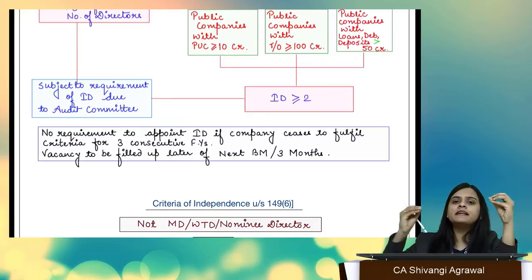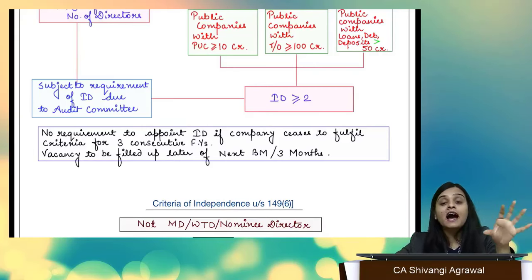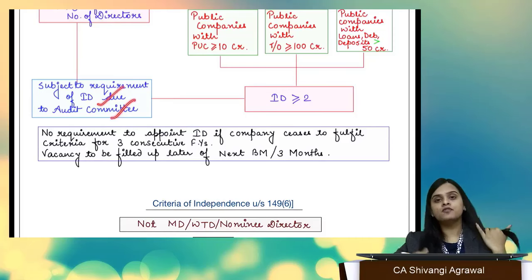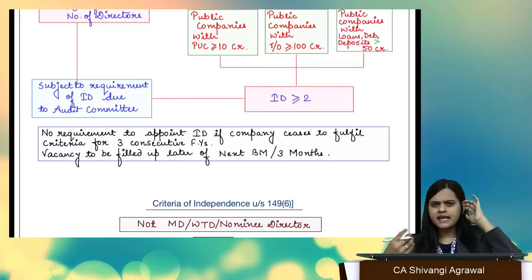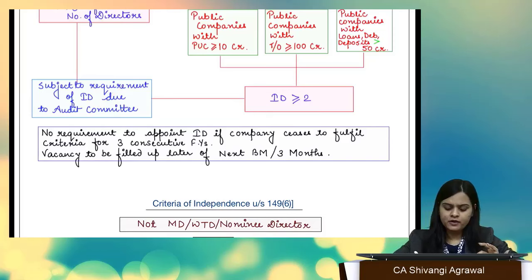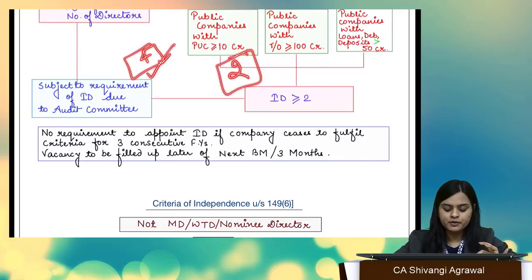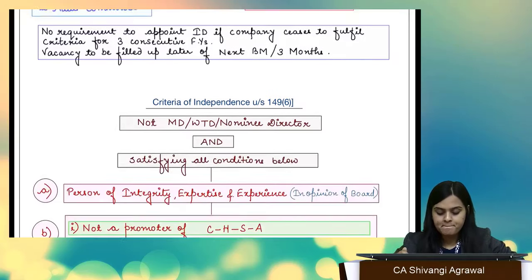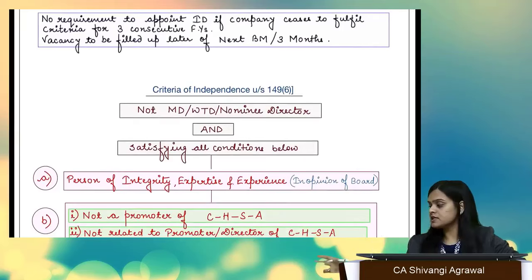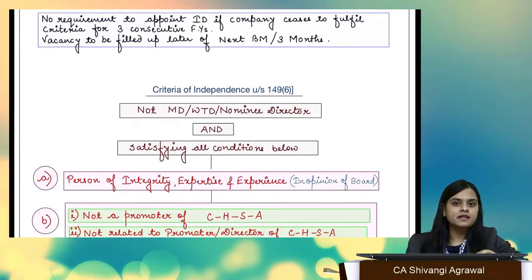Whatever independent directors you are appointing have to be subject to the requirement of audit committee, NRC, or any other law. That means if audit committee says you need 4 independent directors, and this section says 2, appoint 4. Okay. Supposedly, the company is an unlisted public company and has crossed the turnover of 100 crores.